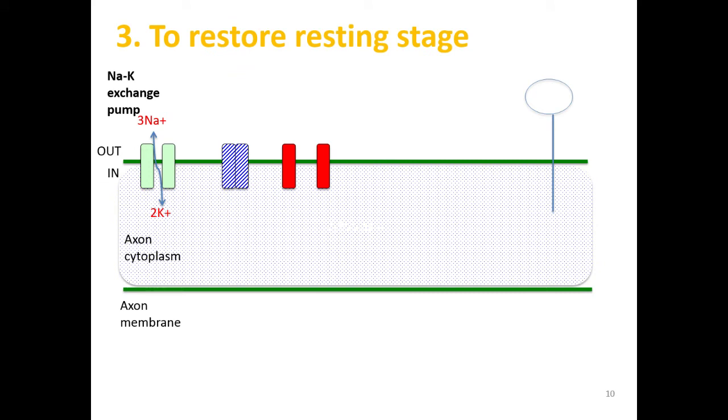The second phase of the action potential is known as repolarization. Repolarization is to restore the membrane potential from a positive value to a negative value. In order for repolarization to occur, now the sodium channels close and it is the turn of the potassium channels to open.